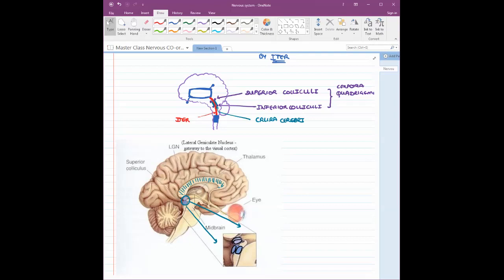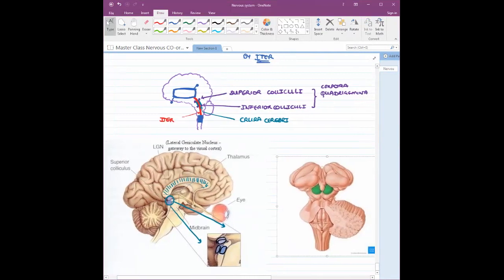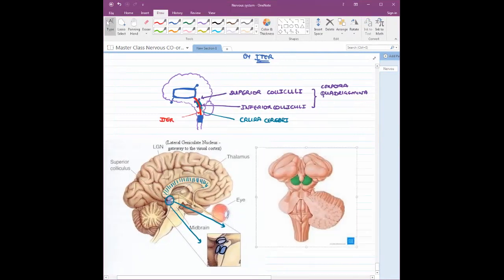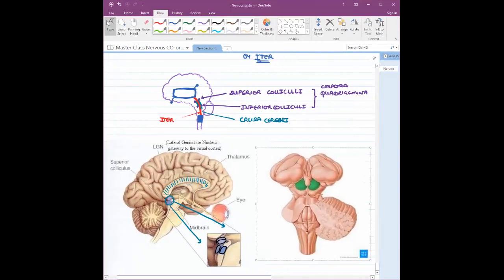Okay, now let me show you some other pictures also so that this entire location is clear. Okay, so see, from another angle, you are going to see it this way. Guys, once again, see, right out over here. This is going to be your superior colliculi.